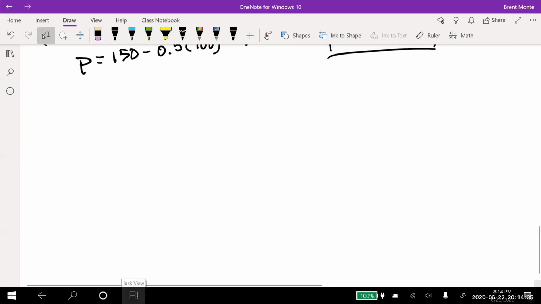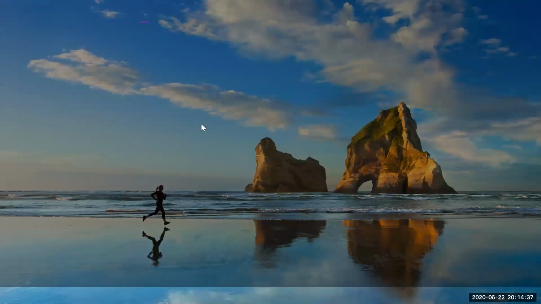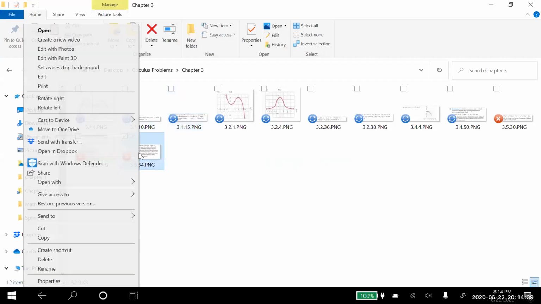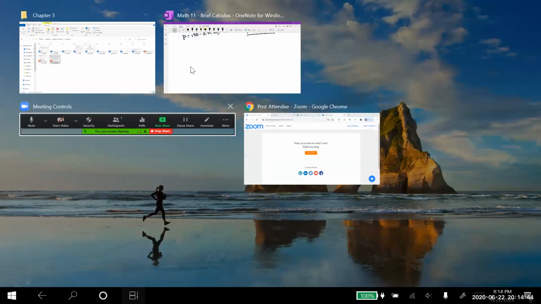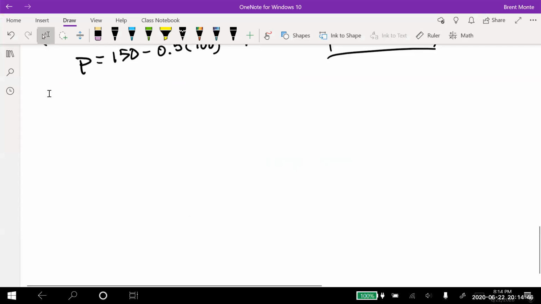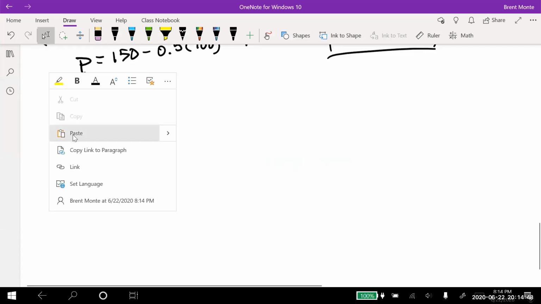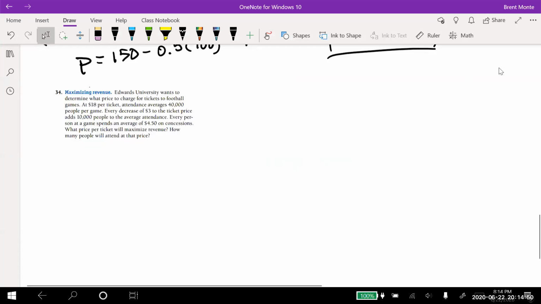So let's grab that problem real quickly. You see there's a lot of words here. And we'll paste it in right there. All right, maximizing revenue. Edwards University wants to determine what price to charge for tickets to football games.